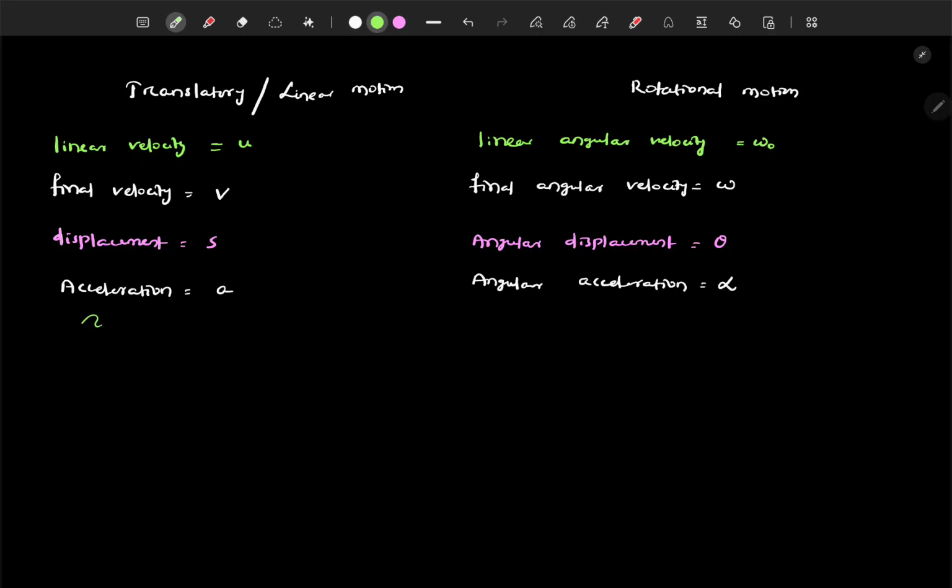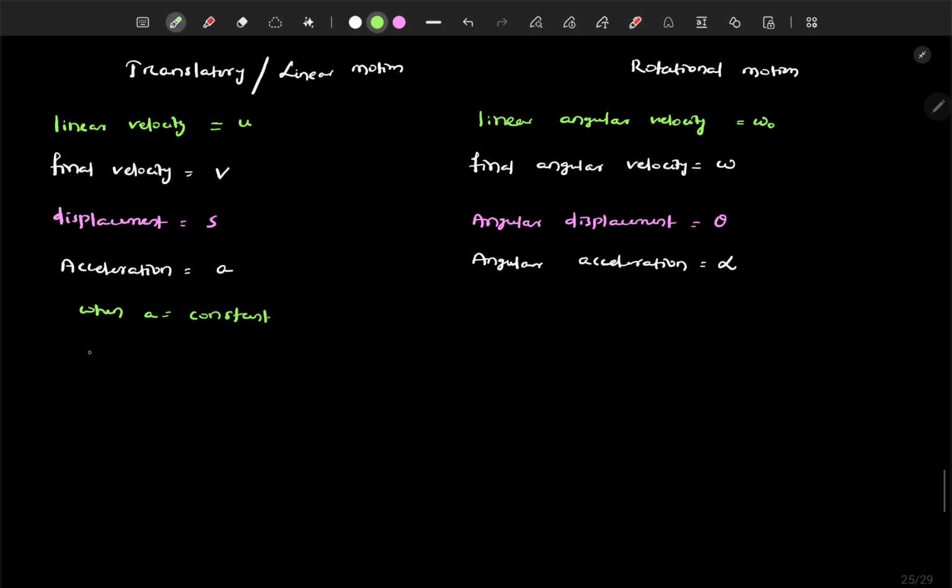Next, when a is constant, that is when acceleration is constant, the equations of motion are valid: v equals u plus at, then s equals ut plus half at squared, then v squared equals u squared plus 2as, and the nth second formula u plus a by 2 into (2n minus 1).